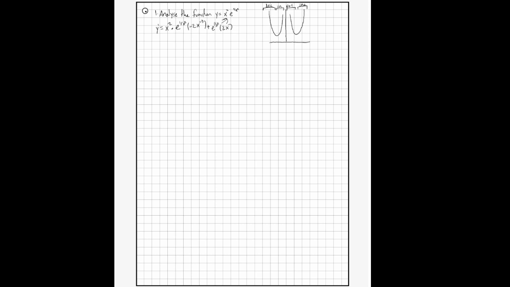Alright, now that I got this, I need to find the zeros of this equation. In order to do that, if I look at this, I see that I can simplify it and factor e to the 1 over x squared out, because it's a common factor in both terms. So I put e to the 1 over x squared times negative 2 over x plus 2x.